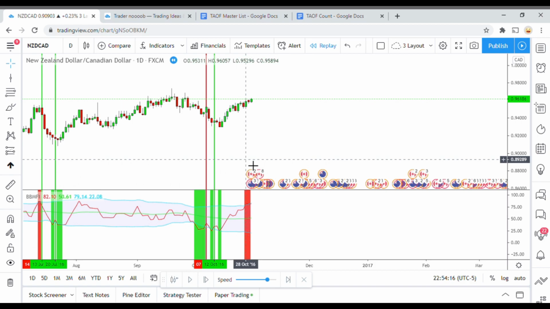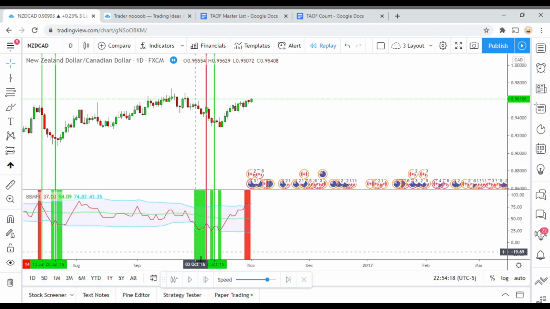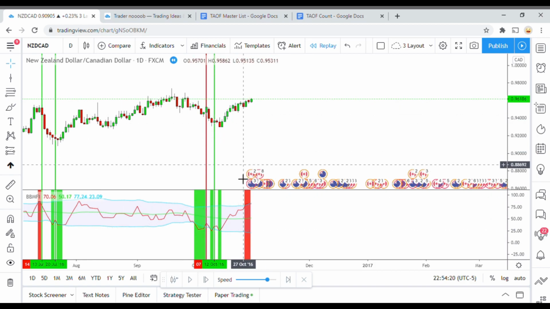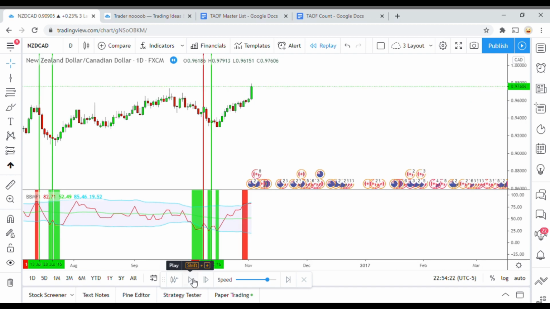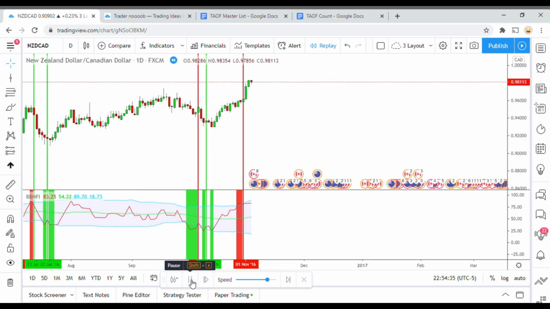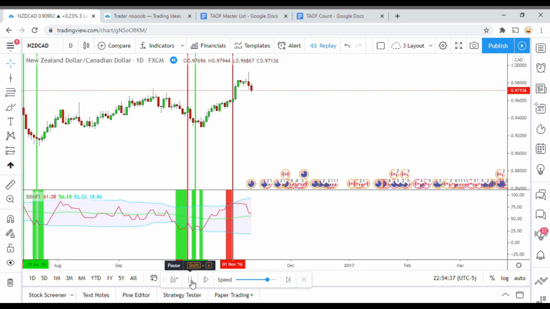There we go. Now we are in a short trade area. Let's throw in a short trade signal. Looks like it gives us the official go right here on this bar. And you see that immediately it spikes to the upside and stops us out.